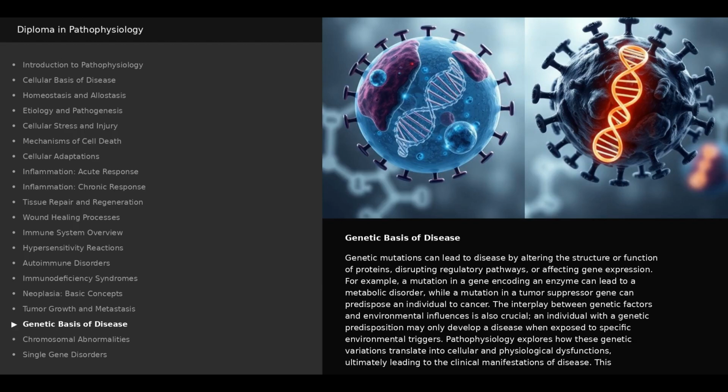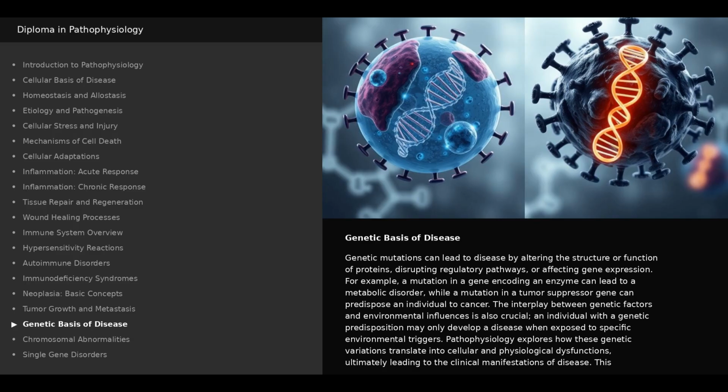Genetic mutations can lead to disease by altering the structure or function of proteins, disrupting regulatory pathways, or affecting gene expression. For example, a mutation in a gene encoding an enzyme can lead to a metabolic disorder, while a mutation in a tumor suppressor gene can predispose an individual to cancer. The interplay between genetic factors and environmental influences is also crucial.